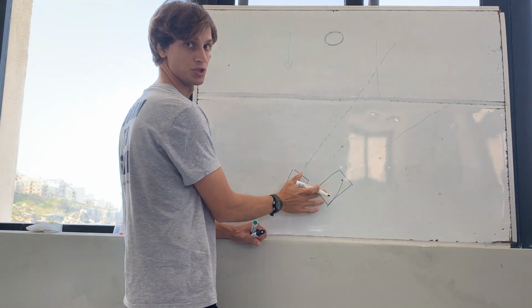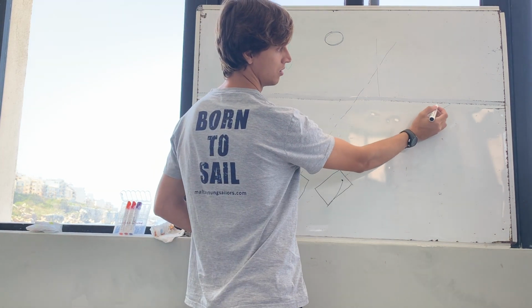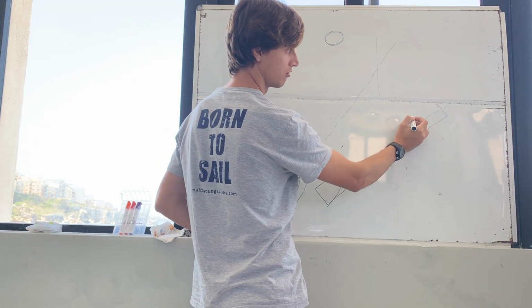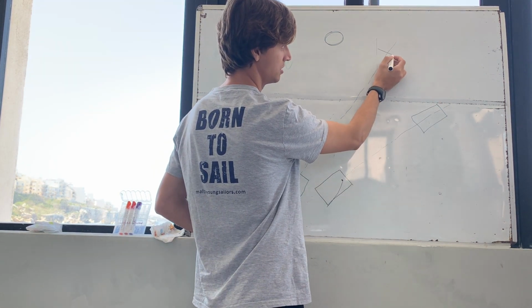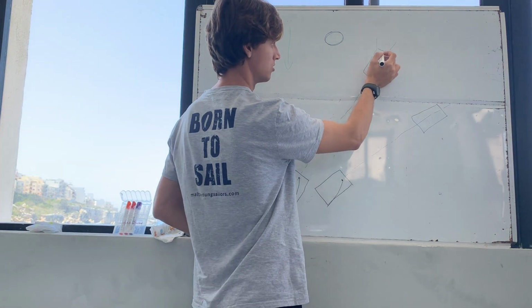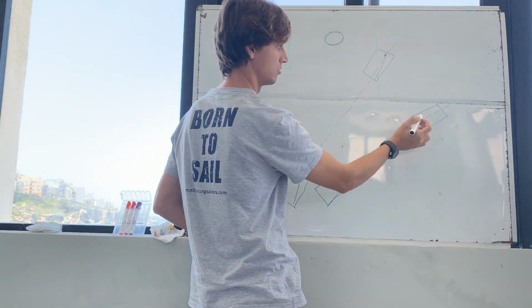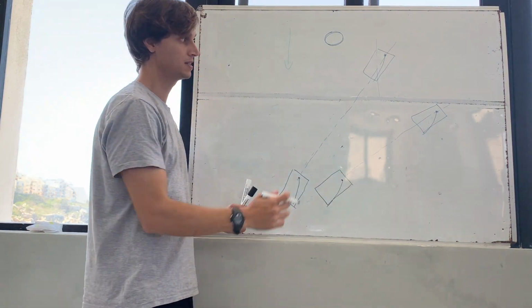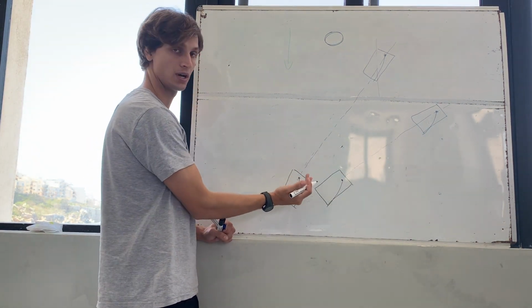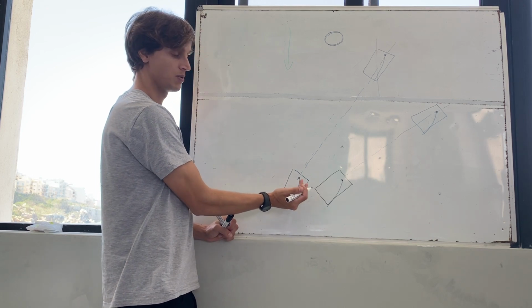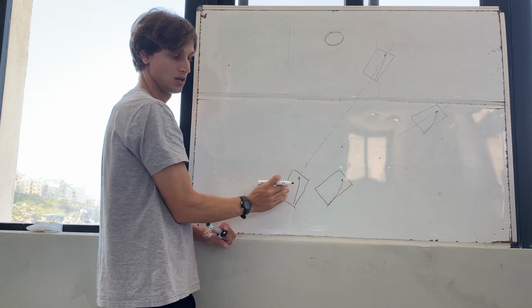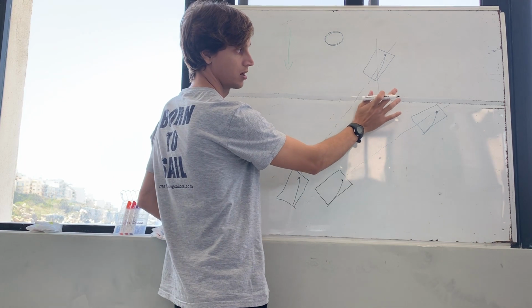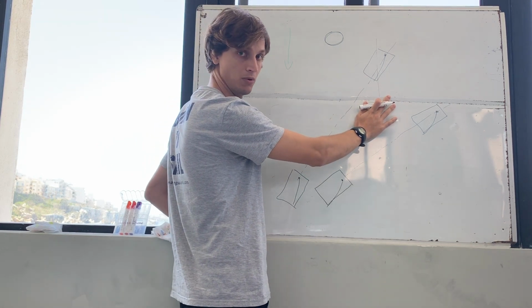Here, they are really close to each other. Here, one boat is here, the other one is here. Can you see the difference because of a bit of an angle of the boat to the wind direction? This guy earned a lot of space between the boats.